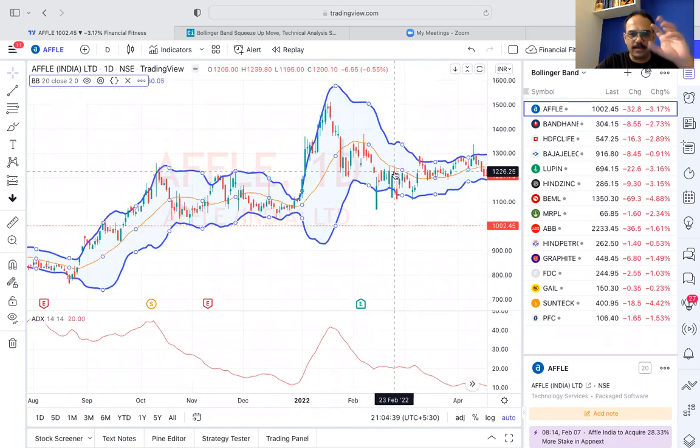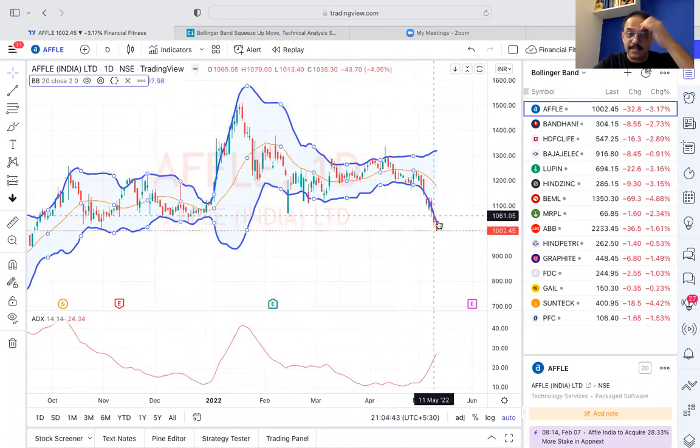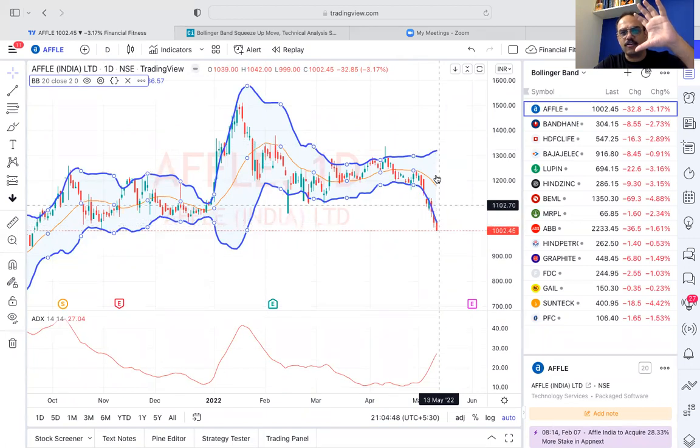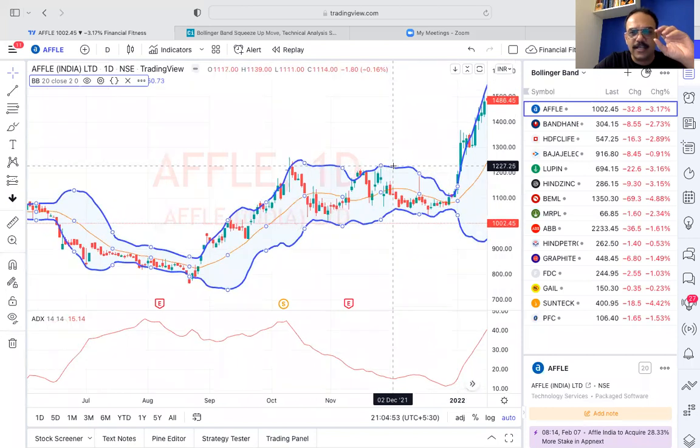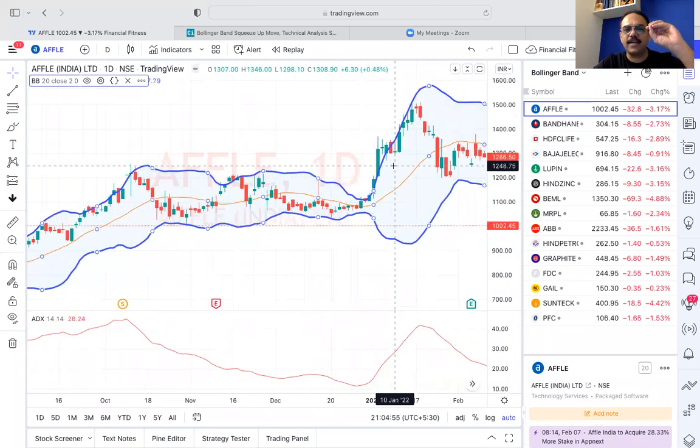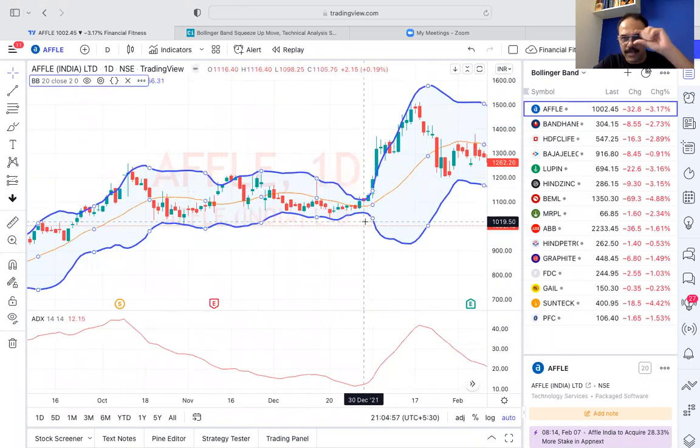Since the market is going down, again the distance between the top and bottom has increased. What we are interested in to start with is where it gets squeezed, where the distance is minimum.